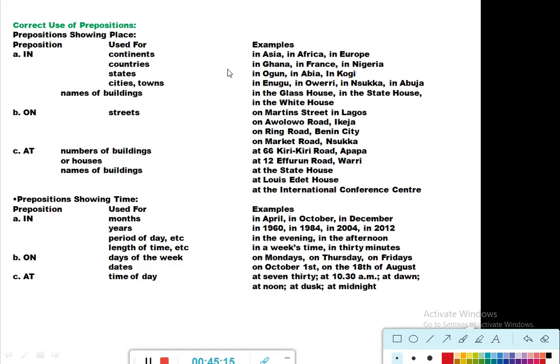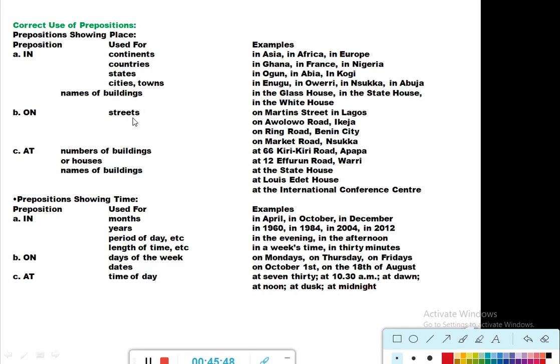Again, in is used for countries like in Ghana, in France, in Nigeria. It can also be used for states as in Ogun, Abia, in Kogi, in Enugu. It can be used for cities and towns too, in Enugu, in Owerri, in Nsukka, in Abuja. We can use in for names of buildings such as in the Glass House, in the State House, in the White House, and so on.